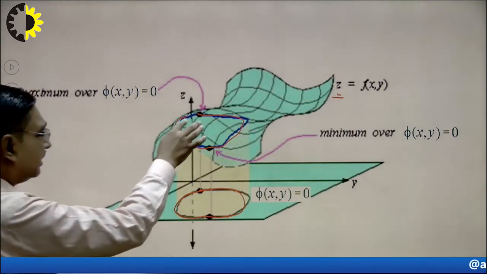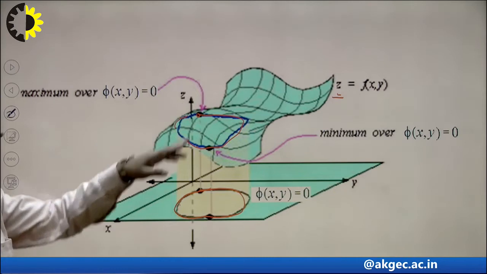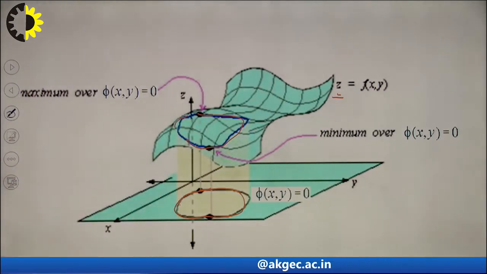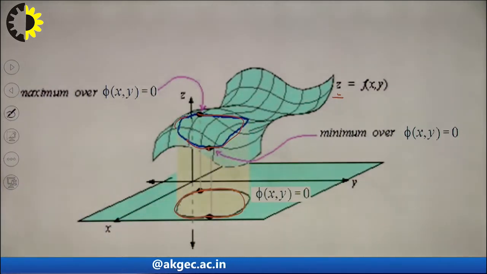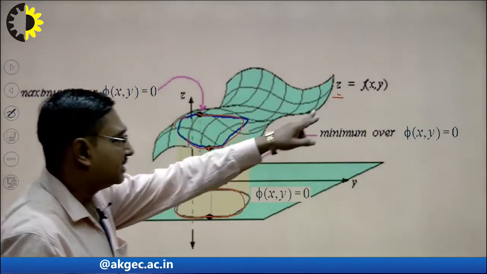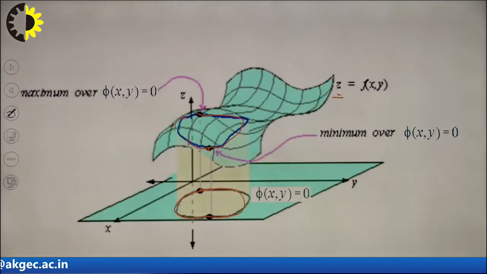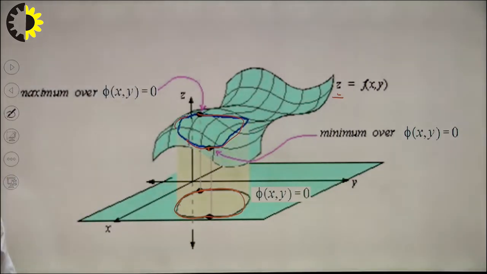Clearly, on this curve, this point gives the local maximum of the function, because at this point the z value is maximum. Similarly, at this point the function f has its minimum value, so this gives the local minimum. This is the geometrical meaning of constraint optimization.